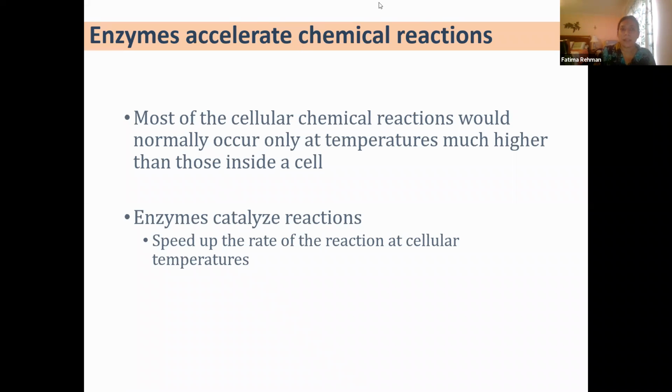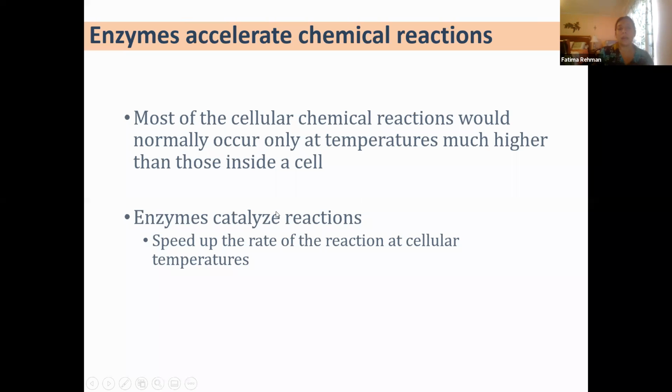Okay, so going back to what we're going to be talking about for a lot of today's lectures is enzymes and enzyme kinetics. Enzymes are proteins typically, and they accelerate chemical reactions. They are responsible for much of the chemical reactions that happen inside our body, simply because while those chemical reactions are favorable, they cannot normally occur at the temperature that our body is maintained at, and instead require a higher temperature input before that reaction can spontaneously occur.